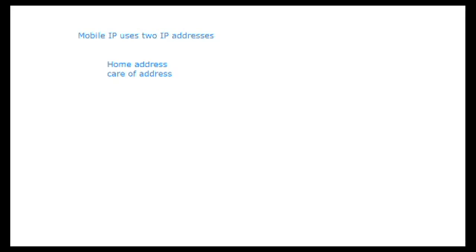Instead, the network is updated with the new location of the mobile node. That means whenever the mobile is moving from one place to another, its location changes and the care of address keeps track of the changing location of the mobile node.